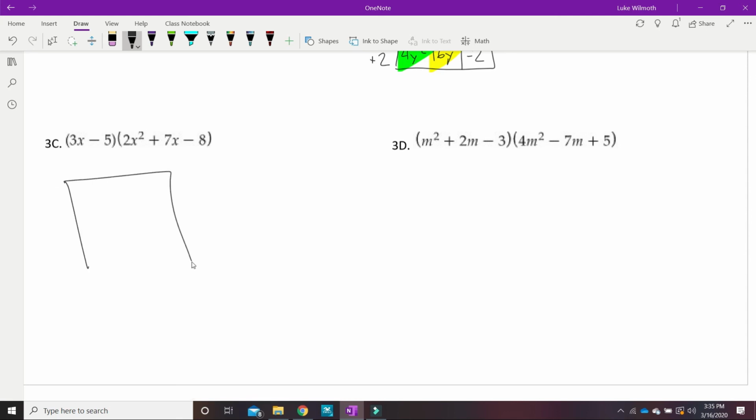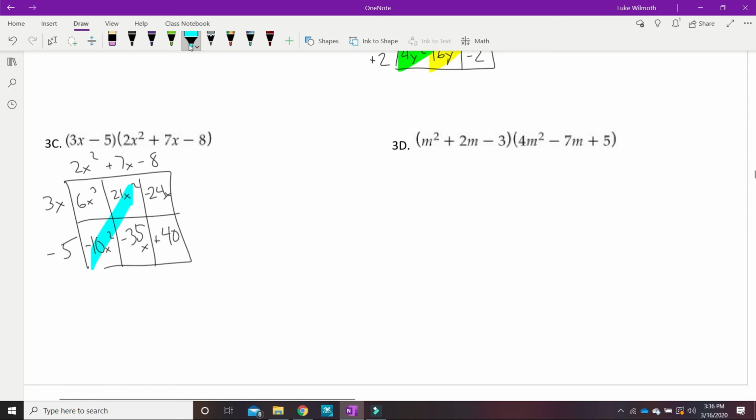All right, if you want to check your work here, we have 3x minus 5 and 2x squared plus 7x minus 8. I've got 6x cubed, 21x squared, negative 24x, negative 10x squared, negative 35x, and positive 40.